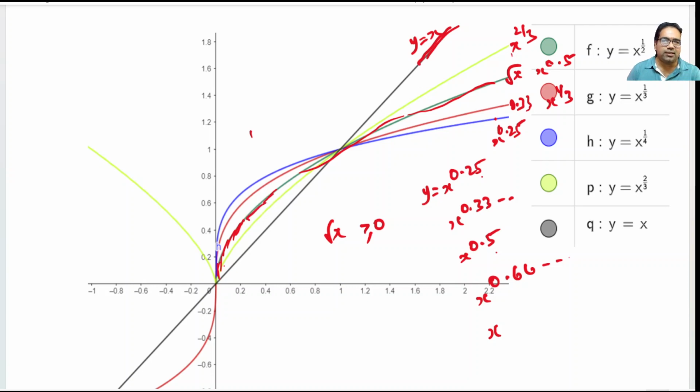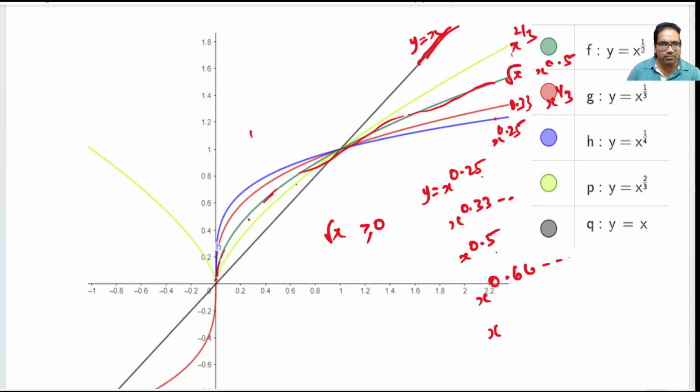Like we just discussed, x power 2 by 3 will always be positive or at minimum 0 because it is the square of x power 1 by 3, cube root of x whole square. So what is cube root of x? X power 1 by 3 is this red one.